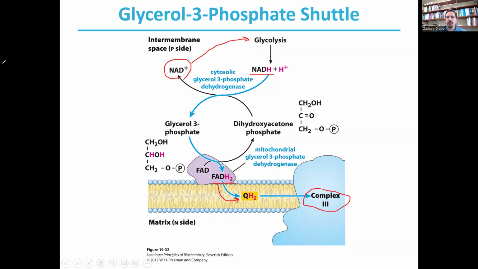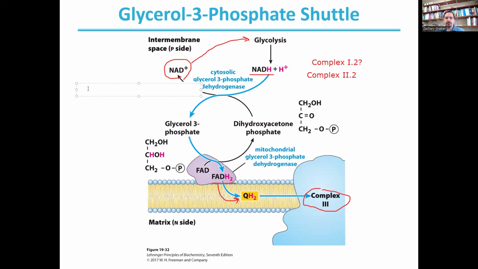So again, we have another essentially complex 2, if you will, where we're feeding from FADH2 into our ubiquinol, although in a sense, this is actually a variant on complex 1, because we are taking NADH now and feeding it into ubiquinol, but in this case, we're feeding it from the cytosolic side instead of from the mitochondrial matrix side.